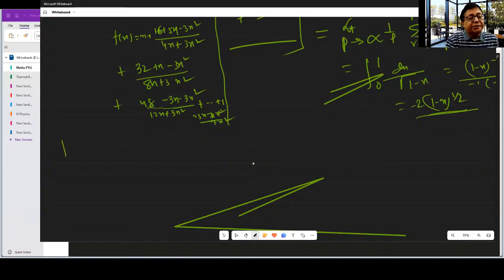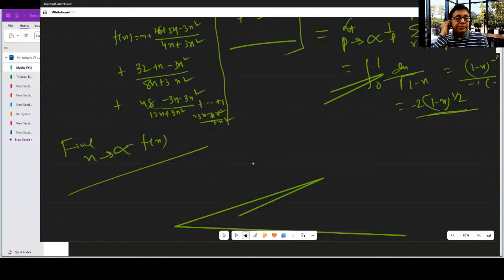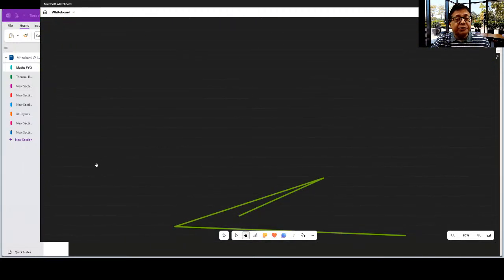Your problem is to find the limit of Fn. This limit also can be simplified. How nicely I am going to show you.